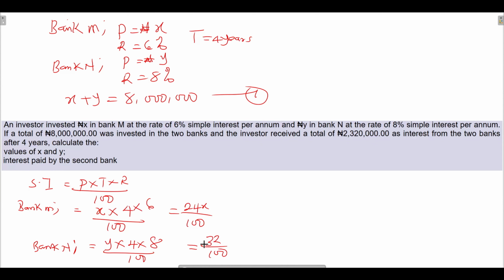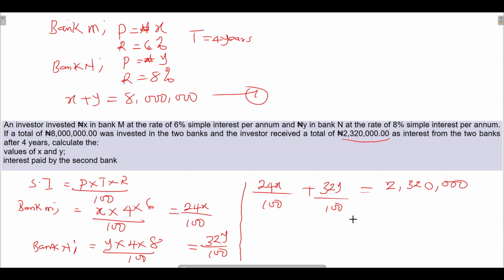These are the interests. The question says that the investor receives a total interest of this. So what we are saying is the interest in the two banks, if we add it together, 24x over 100 plus 32y over 100 equals the total interest, which is 2,320,000. If you want to make it a linear one, multiply it through by 100.